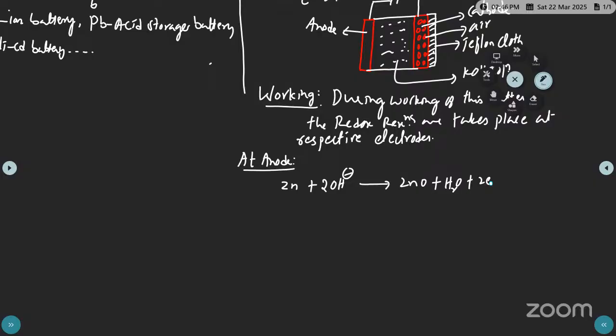Is it balanced? So how many oxygens? 2 oxygens, 2 hydrogens, right? So zinc oxide plus H2O, 2 electrons. Okay, this is the anodic reaction.